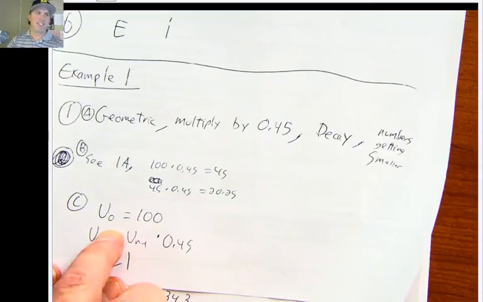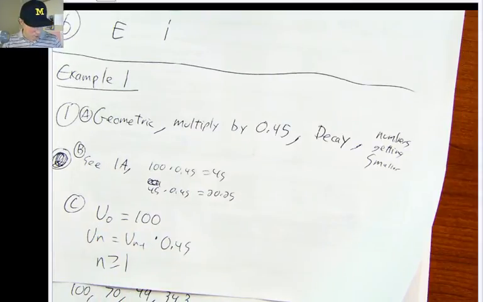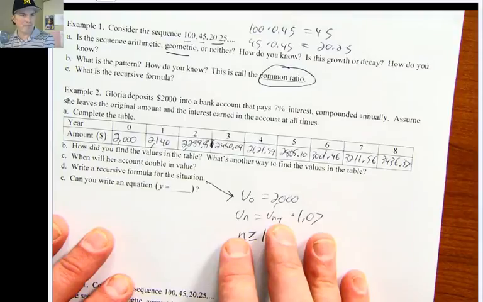You're going to see a common theme. In geometric sequences, we almost always start with U0. Do we start with U0 every time? No, but most of the time, at least with the way that we're going to be writing these problems. And then finally, number 2.